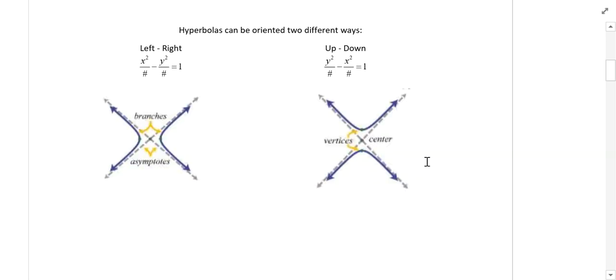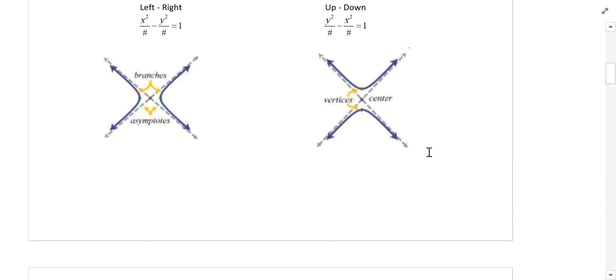Now I'm going to show you why that's important. If I had, for instance, x squared minus y squared equal to 1, that is a hyperbola. I'm doing a nice simple one.